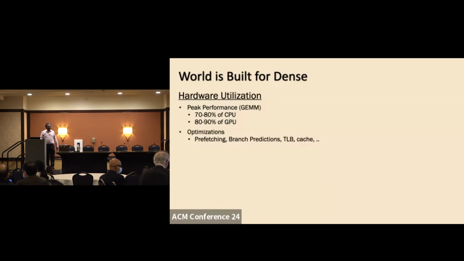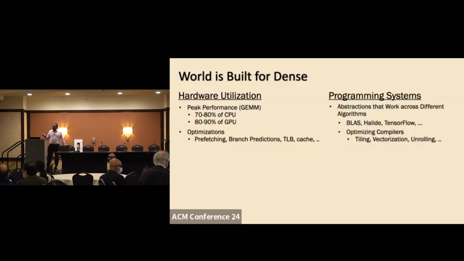Prefetching, branch prediction, caches, all those things work beautifully when the data is dense. On the software side also, even the first programming language, FORTRAN, dealt with dense arrays. And from then onwards, compilers, libraries, all those things really focused on dense, and we are really good at dense today.